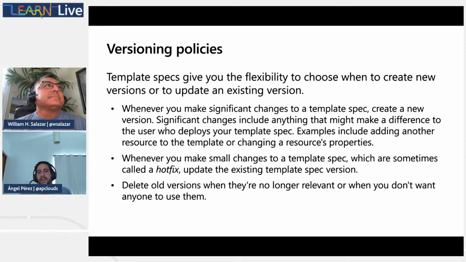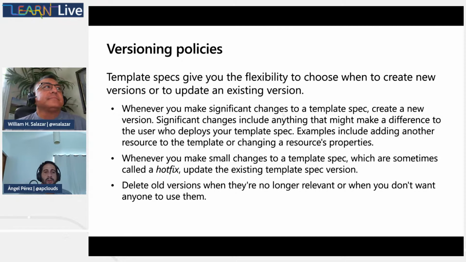But maybe we're in a situation where there's a hot fix or some particular security flaw that was identified and needs to be updated in all the versions. There, it's perfectly fair game to go and overwrite those template spec versions that have that outdated or potentially insecure infrastructure configuration.